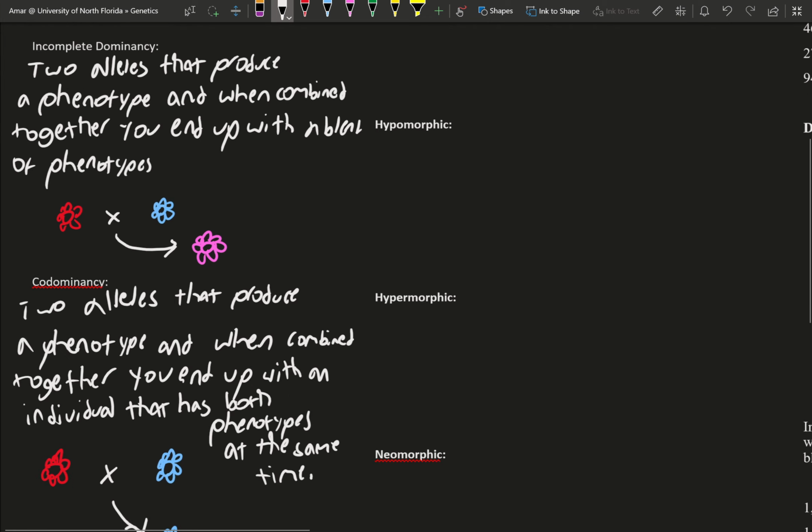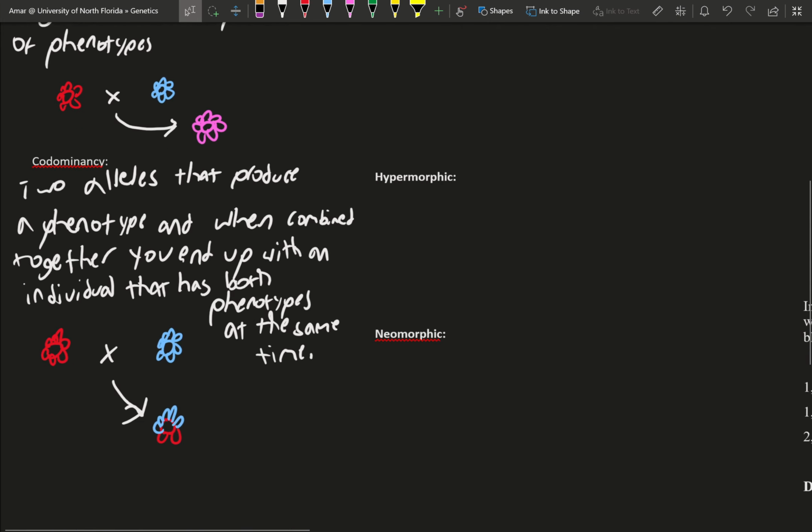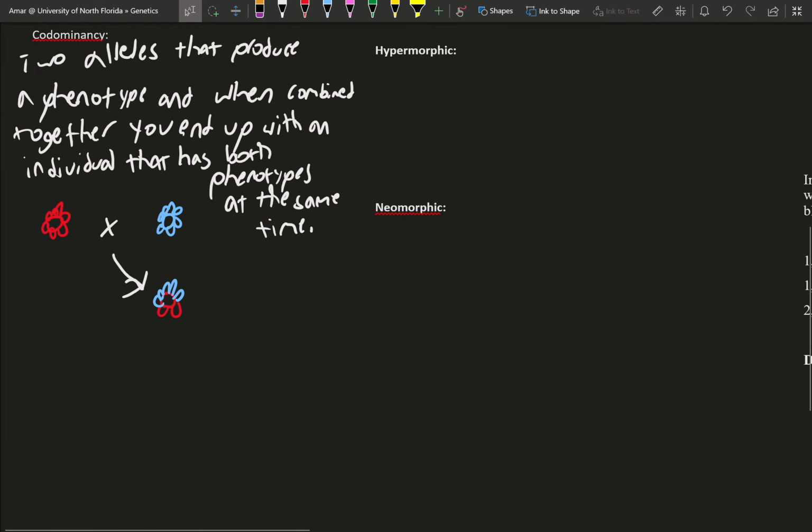A good example that you can go over for these is the ones in your textbook, where essentially it's talking about human blood types. For example, AB blood type is a codominant situation where you're producing both A antigens and B antigens on your red blood cells.